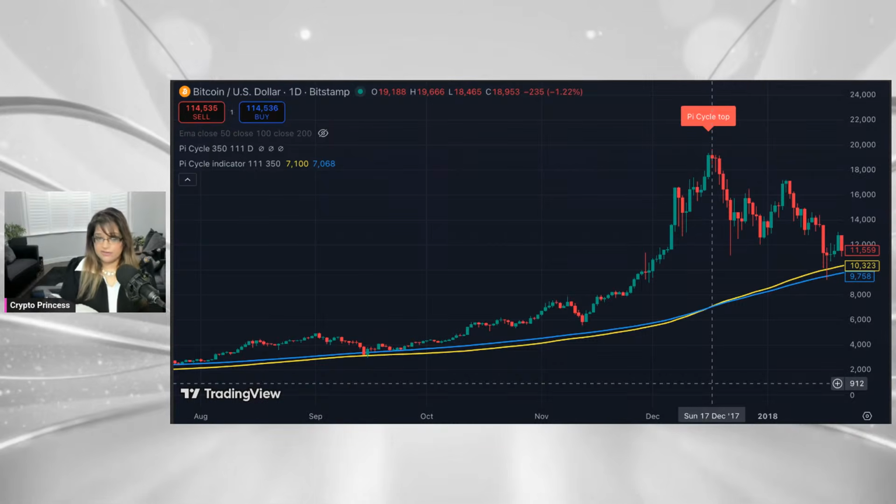So the narrative really shifted. After the Pi cycle top was hit, and soon afterwards Bitcoin topped, we headed down into a bear market.